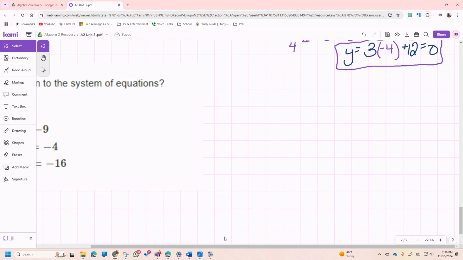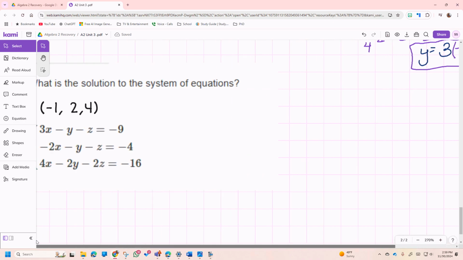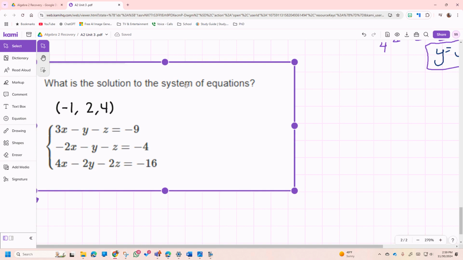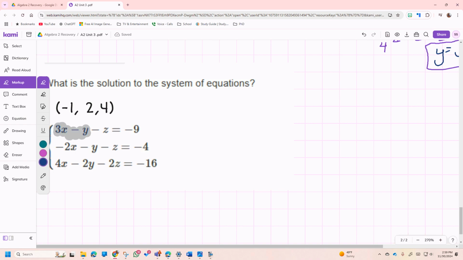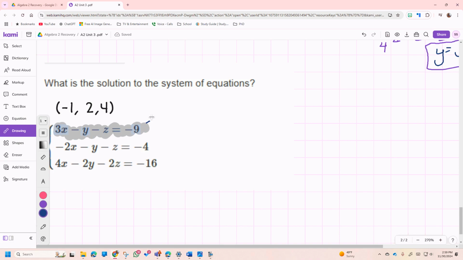The first thing I'm going to do is take the equations, and what I noticed right away is that my first 3 equations looked a lot alike. If I were to combine them, remember we can do that combined elimination by adding 2 equations together. I would take my first equation, it doesn't matter which one you do, and multiply it by a negative 1, and that will give me negative 3x plus y plus z equals 9.